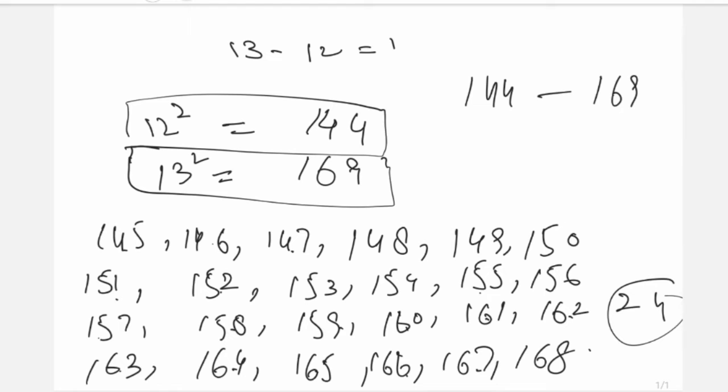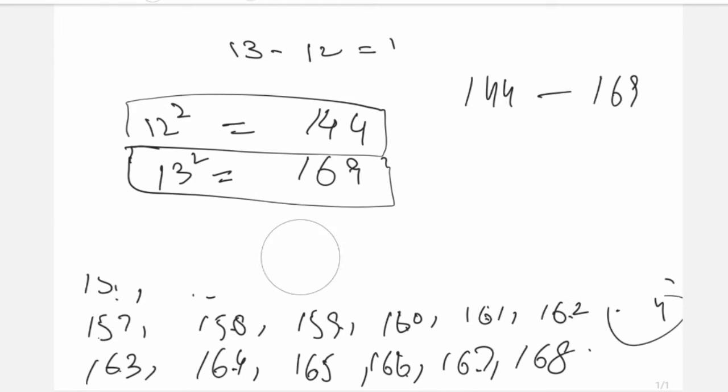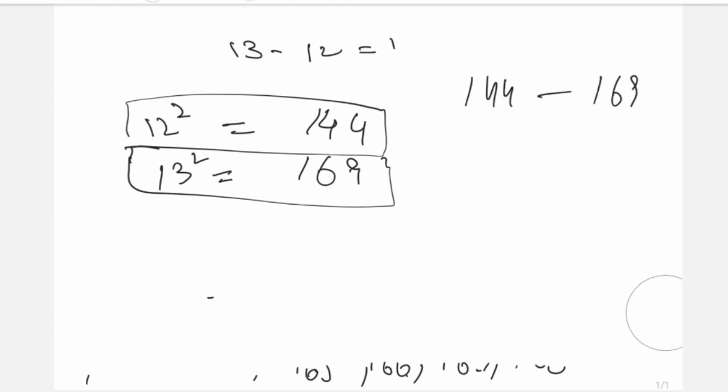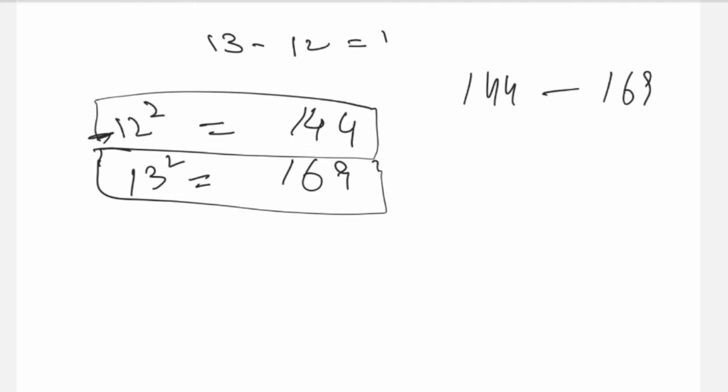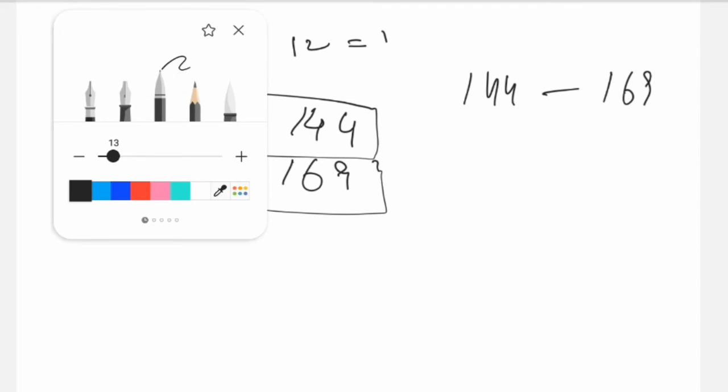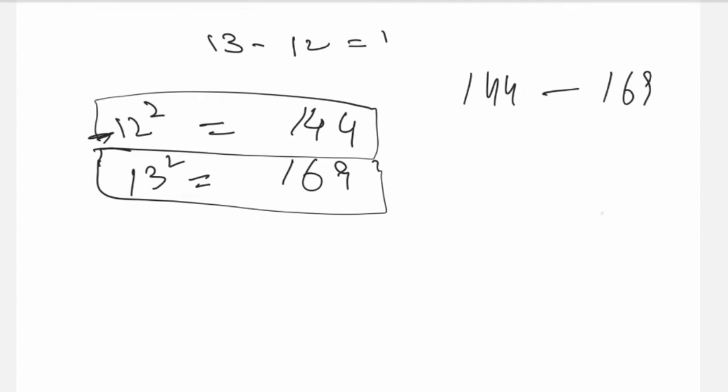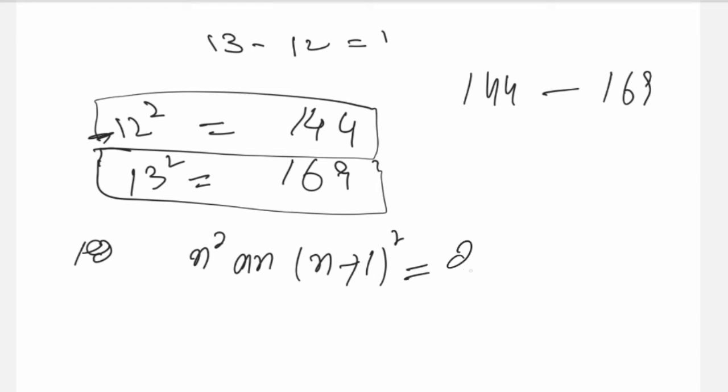But from the exam point of view, you can't do it like that. So what you will do, there is a formula for that. When we have n square and (n plus 1) square, the numbers in between will be equal to 2n.